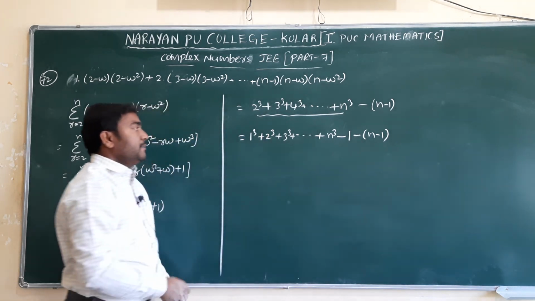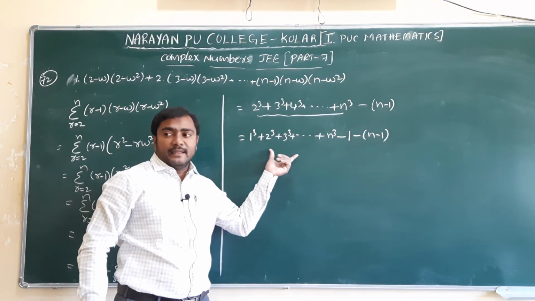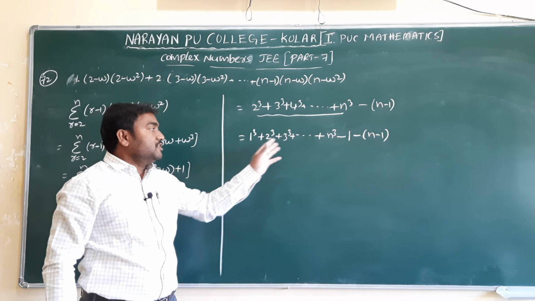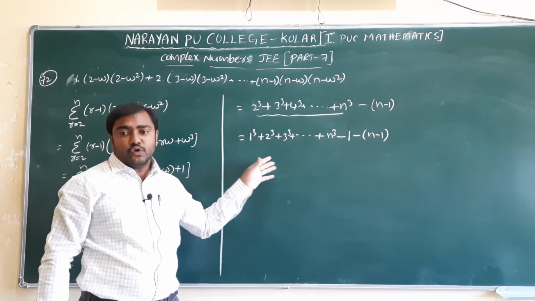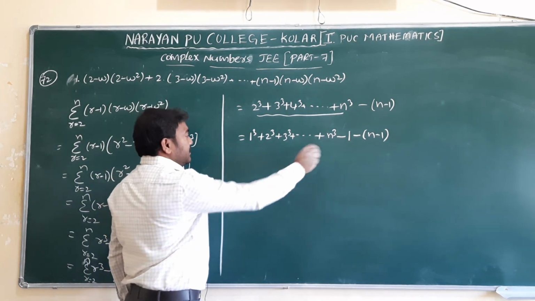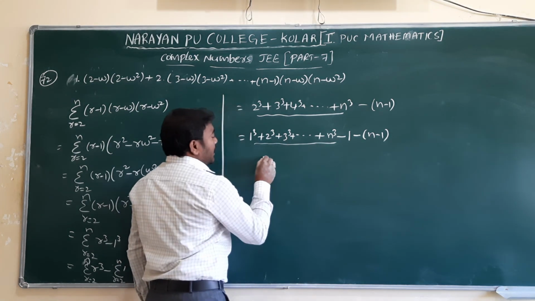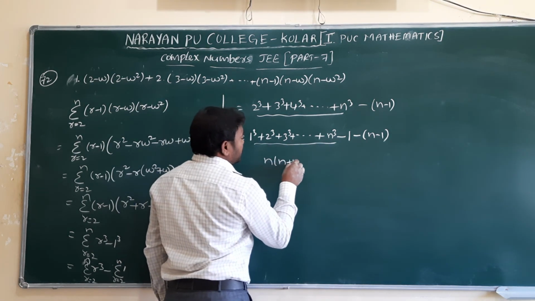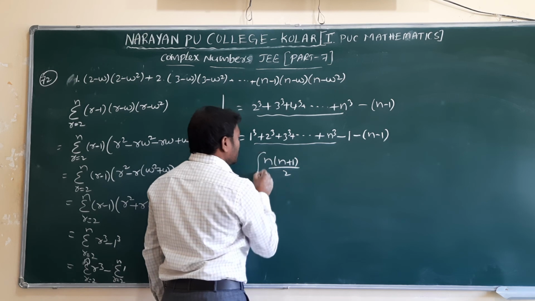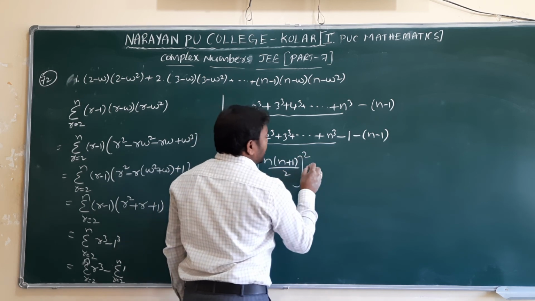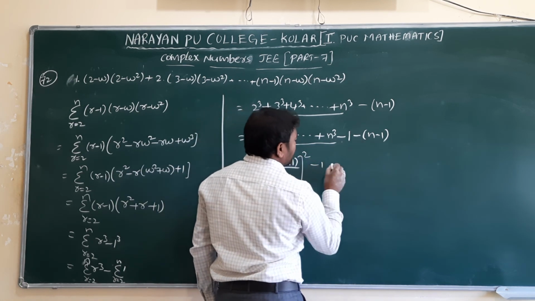We know that the summation of n cube is nothing but n into n plus 1 by 2 whole square. It can be written as n into n plus 1 divided by 2 whole square minus 1 minus.